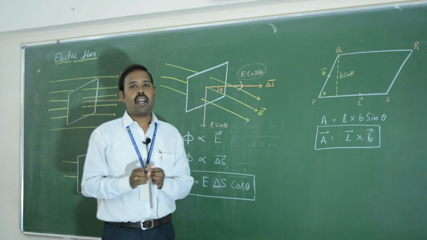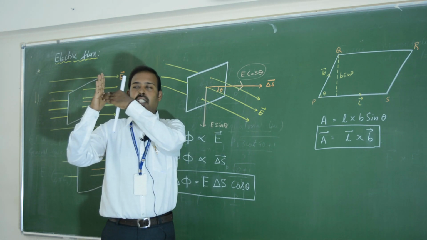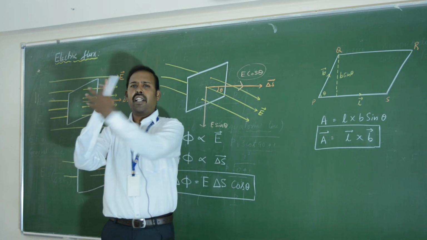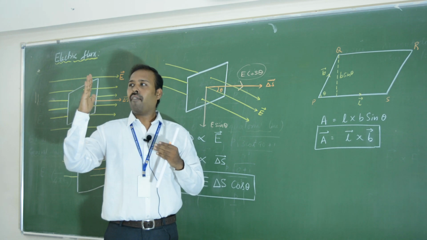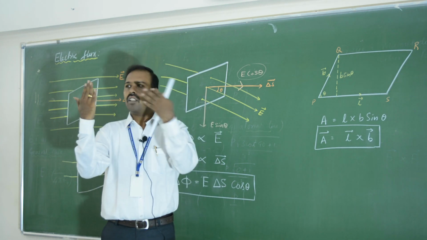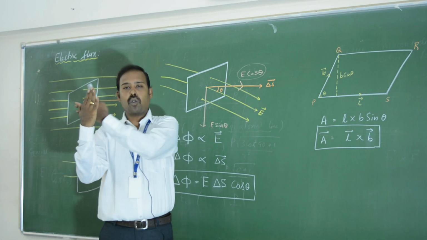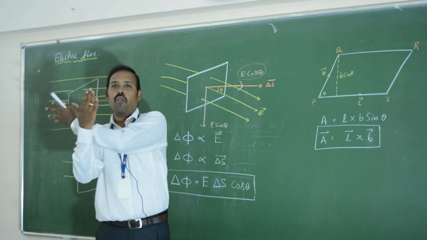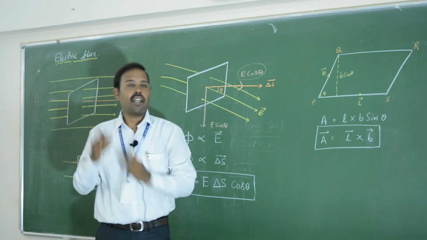For example, if this is a window and these are the air lines coming inside, and the window is like this, the air will enter easily and fill the room. But if I keep the window like this, the air lines are entering like this. It is just touching and moving, not passing through the window, so the air will not fill the room, right?